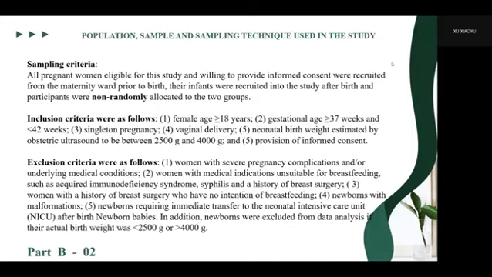Second, women with medical indications unsuitable for breastfeeding, such as acquired immunodeficiency, seizure, syphilis, and a history of breast surgery. Number three is women with a history of breast surgery but no intention to breastfeed.